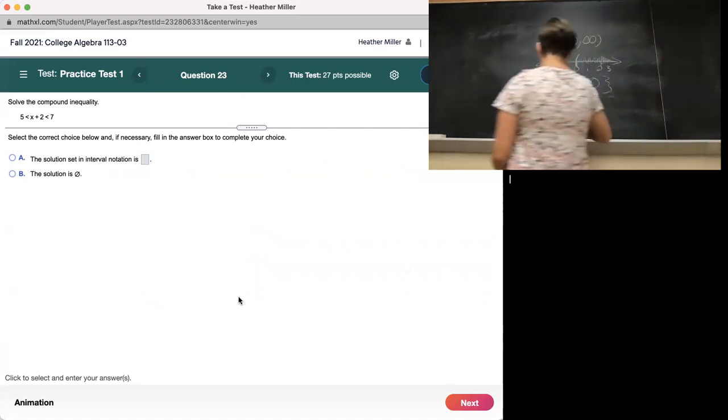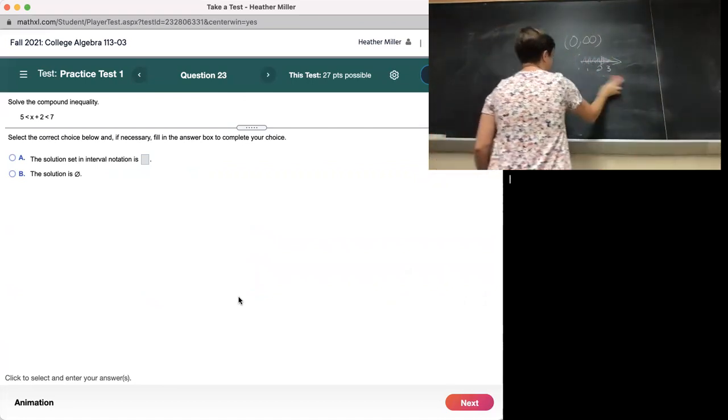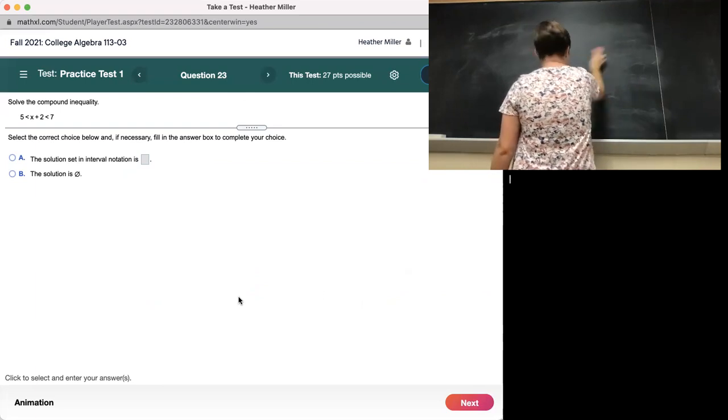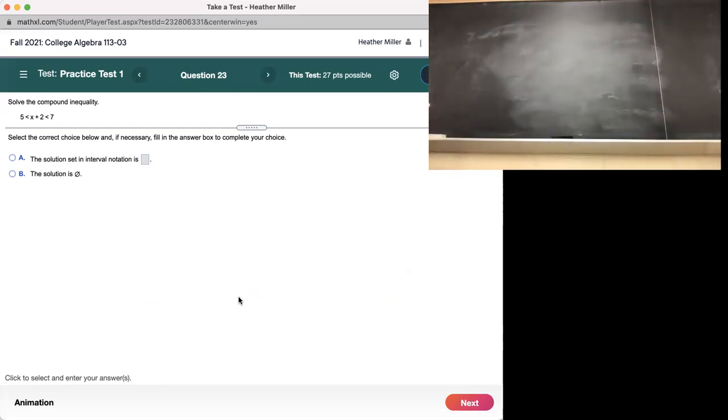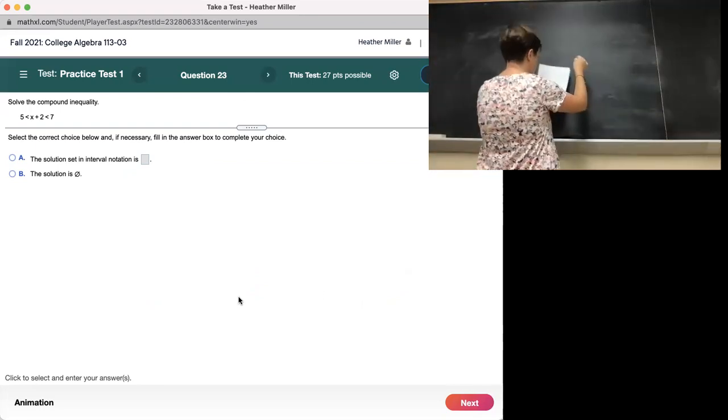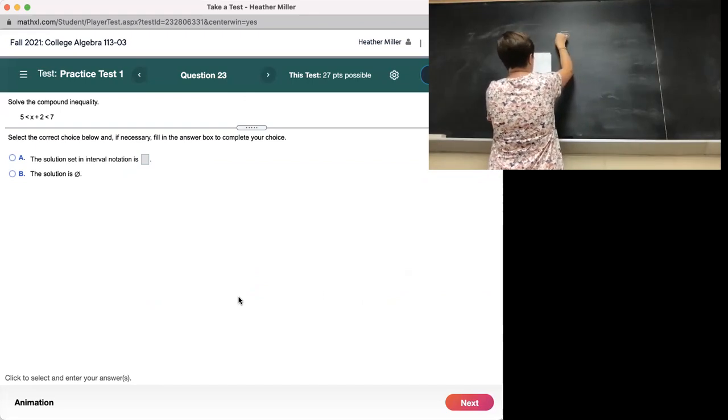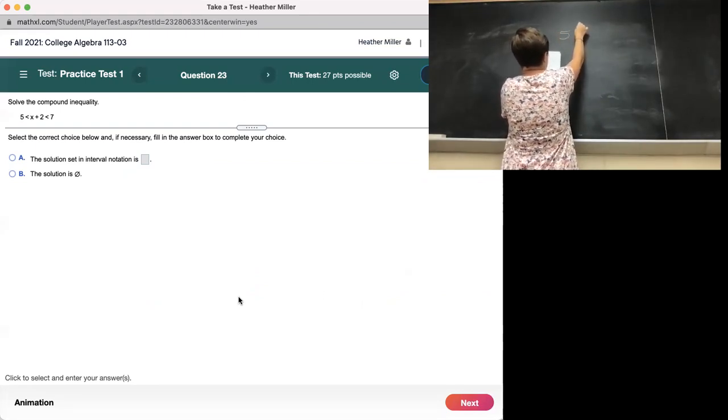Okay. Again, this is from 1.7. This is a compound inequality. And remember, there are 2 ways that you can do a compound inequality. You can split it, or you can think about doing the same thing to all three sides.